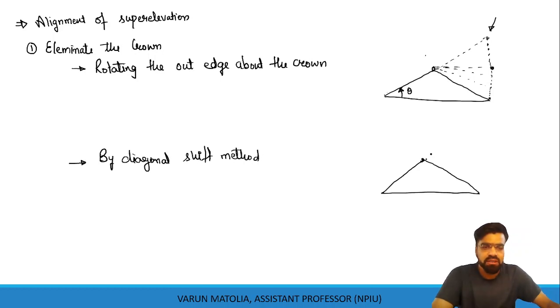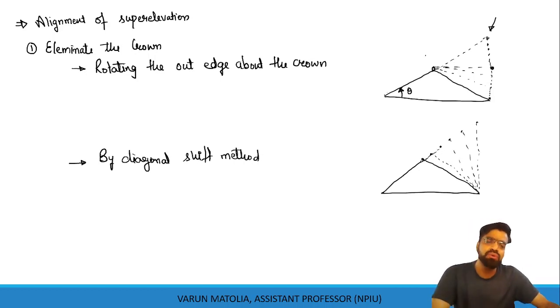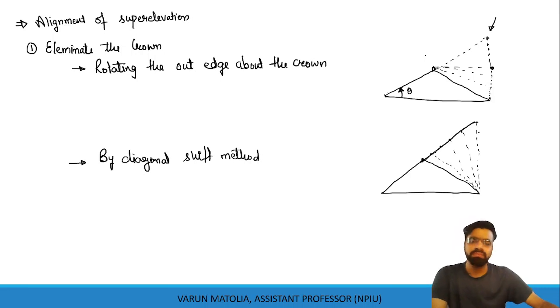So what happened here? This alignment changed. Then again we shift this crown, again and again, until we reach here. So this method can also be used to convert this crown into a slope, or to eliminate this crown.